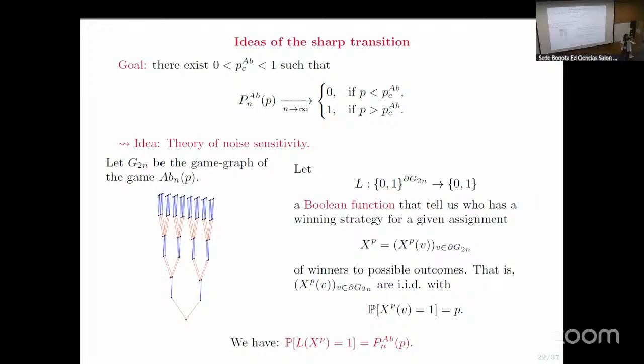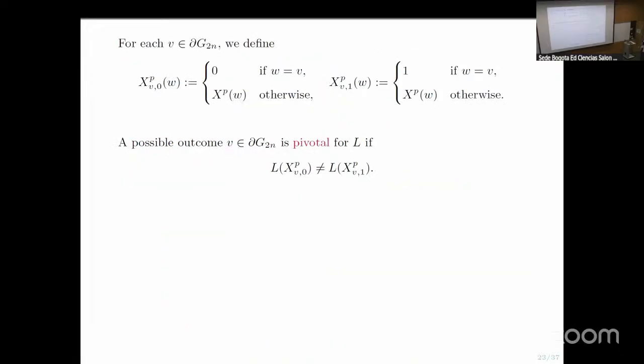If it's a 1, that means it's going to give me the winner of the game. It is not difficult to see that the probability that this Boolean function is equal to 1 is actually the probability that Both has a winning strategy, because if this Boolean function has a 1, it means that the root is 1. Okay, this is my Boolean function.